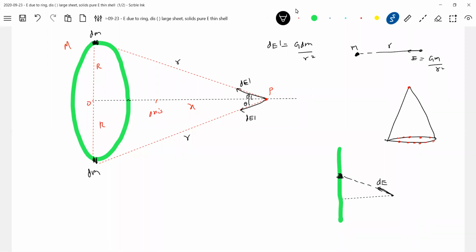But sir, the same thing for a rod. If it is a finite rod only, then let it be about, now it's a symmetric point, no? So now what you're going to do?